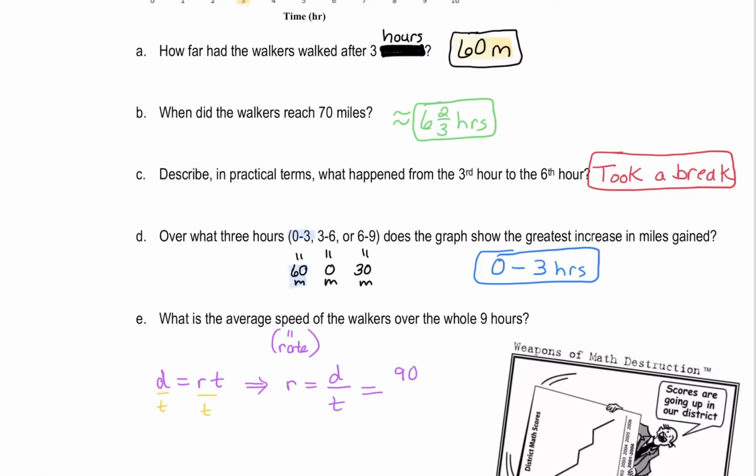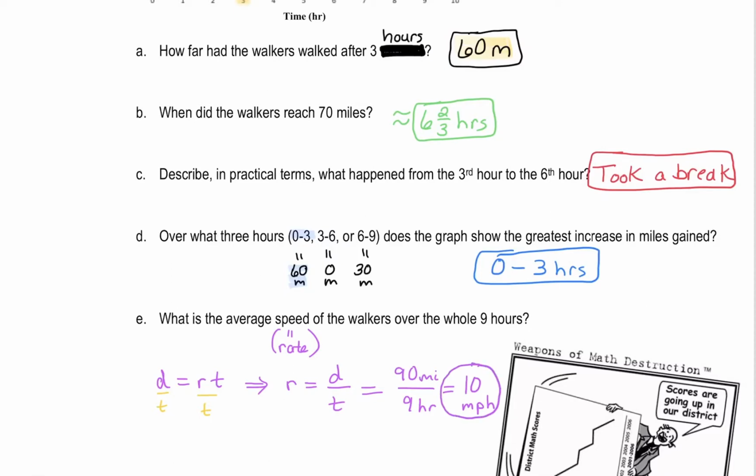And again, that was over a 9-hour time frame. So that means just doing that division, this is 10 miles per hour. So that would have been their average speed.